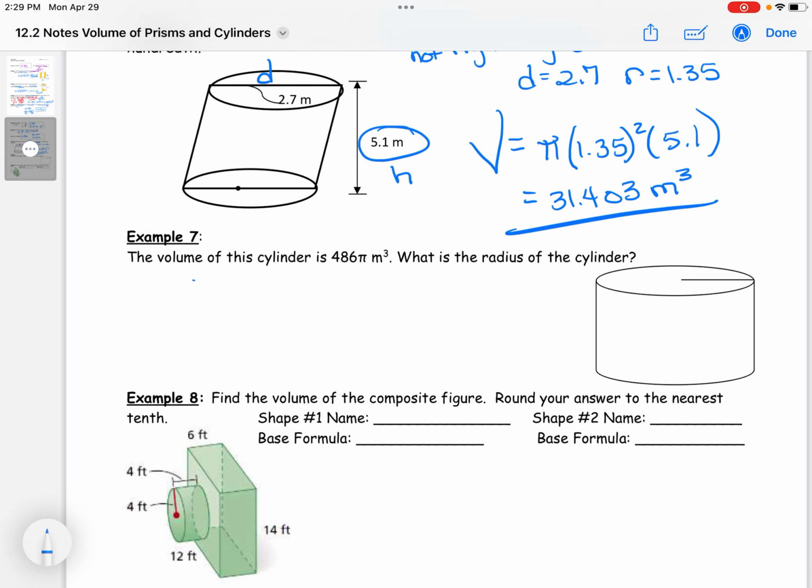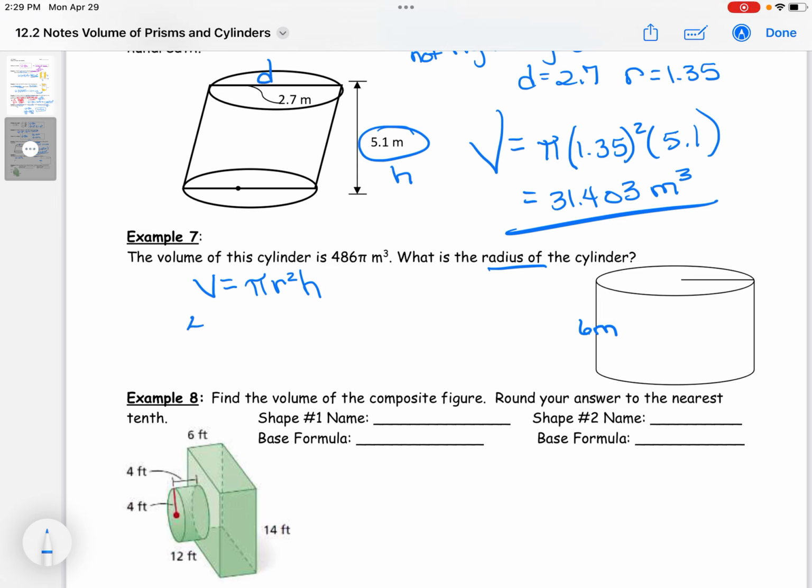Okay, let's work backwards. We said for a cylinder that our equation is pi r squared h. We're looking for the radius. Oh, they didn't give us the height, so I made one up. We're going to say this is 6 meters. So we're going to call that the height, because otherwise it's just weird.